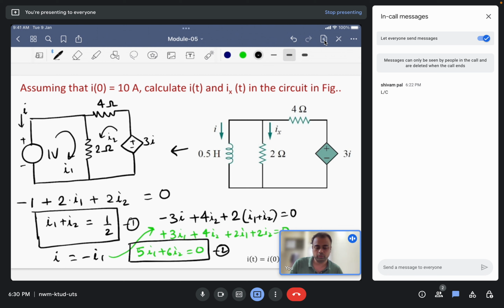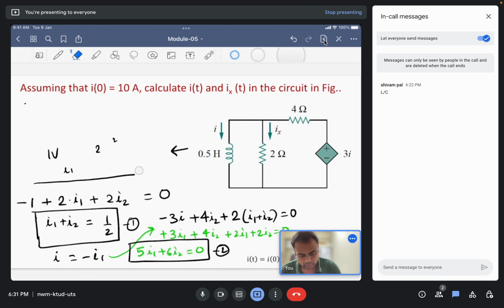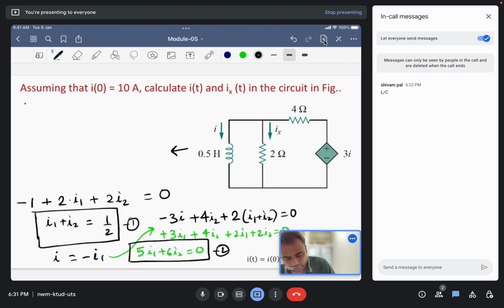Now let us solve both the equations. Let us substitute I2 in equation number 2. So this will become 5I1 plus 6 times I2, which we can write as 1 by 2 minus I1, is equal to 0.